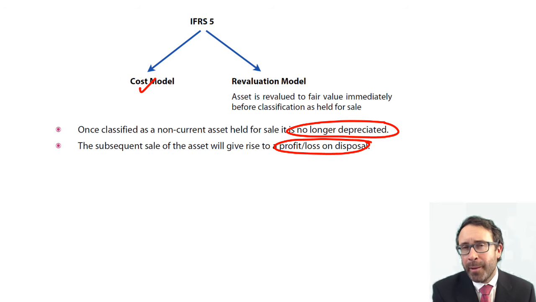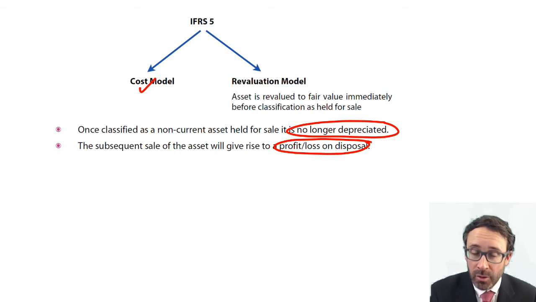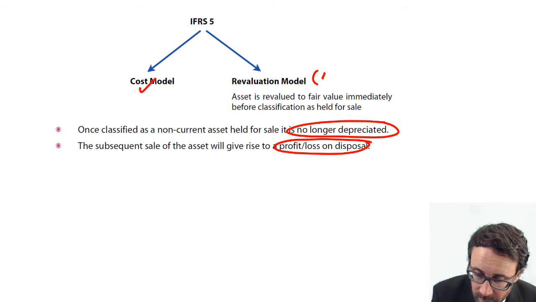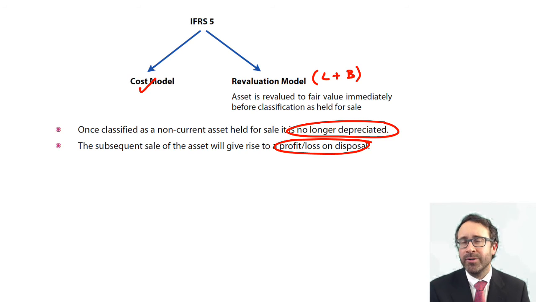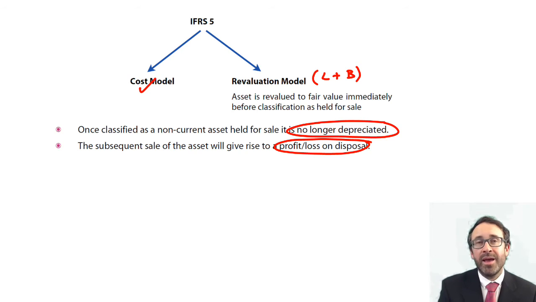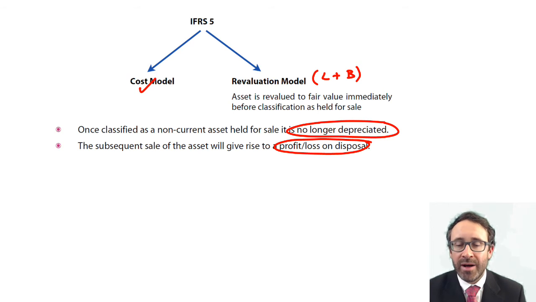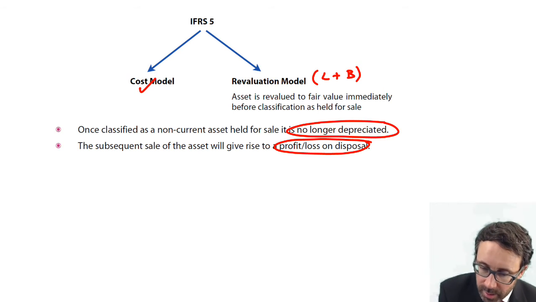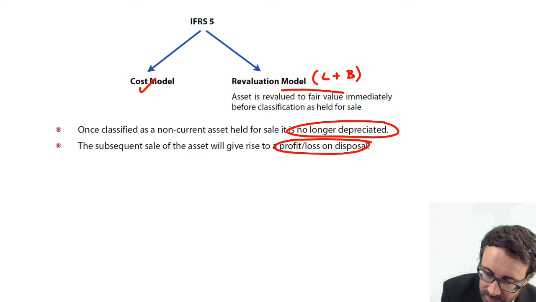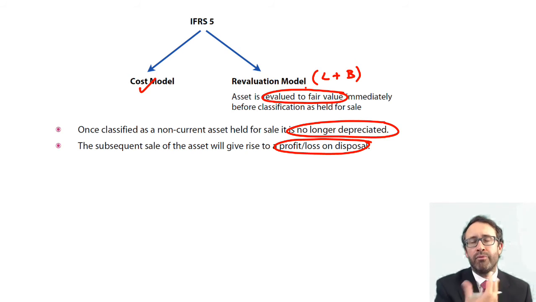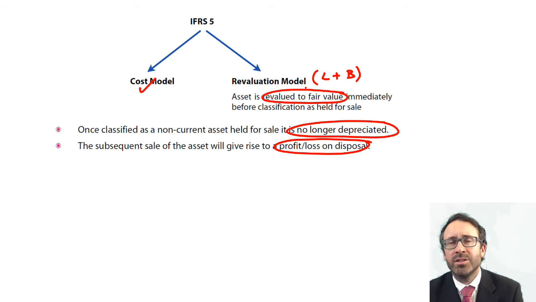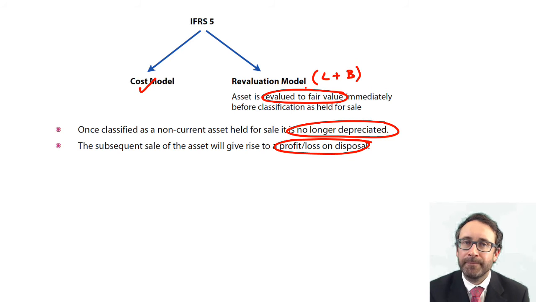One, again, minor point to note is that if you have the revaluation model, so remember, keep your eye out on the question. Normally, that tends to be for the land and buildings category, doesn't it? If it is land and buildings, if it is held under the revaluation model, what you do, you revalue it to fair value prior to any classification as held for sale.